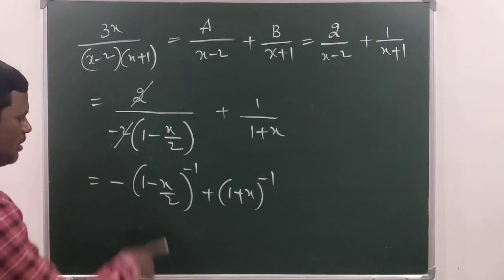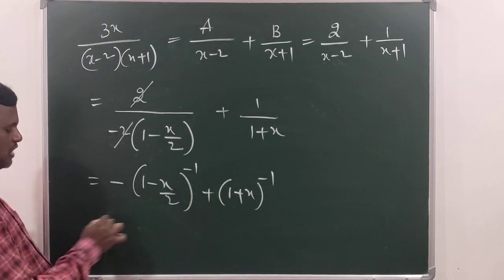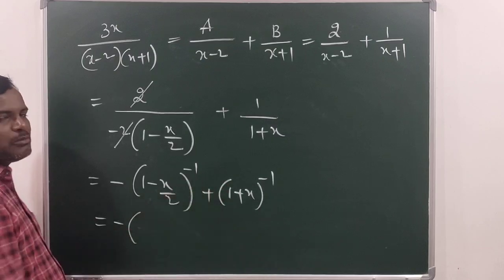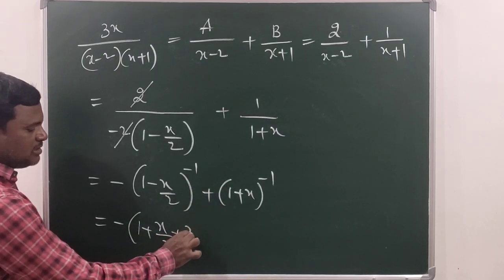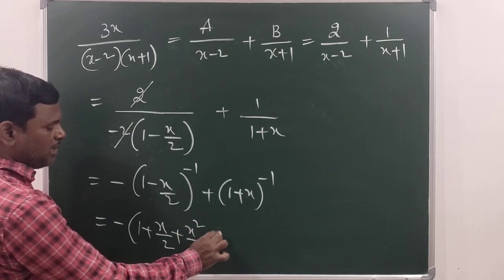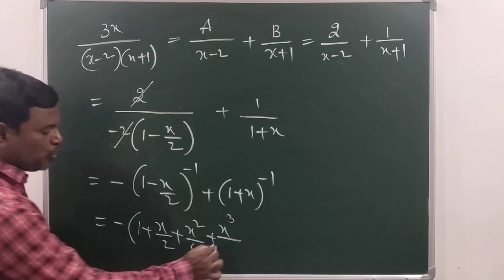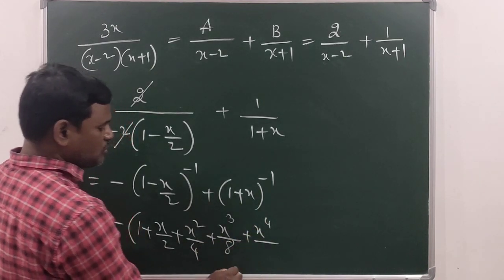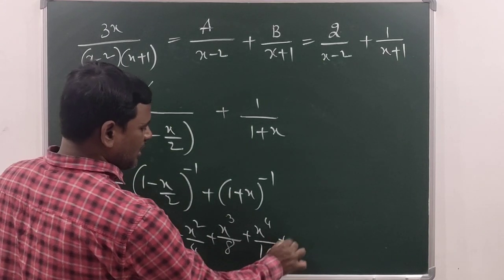Now apply the power series expansion formulas for these two. You know the expansion. Here minus is given, so in such case all terms will be positive. So 1 plus x by 2 plus x square by 4 plus x cube by 2 cube, 8. Now x power 4 by 2 power 4, 16 you will get, and so on.